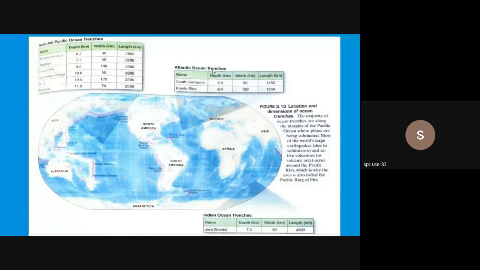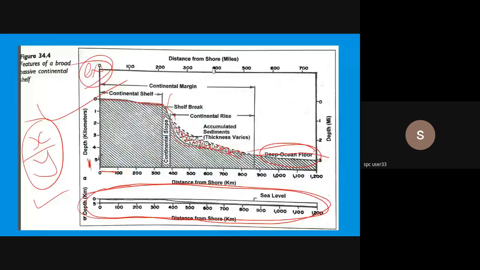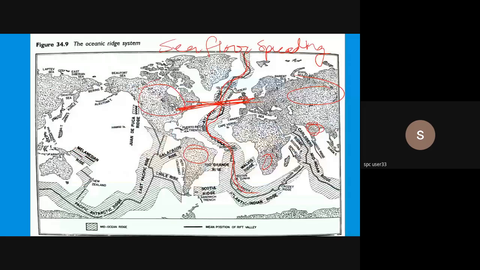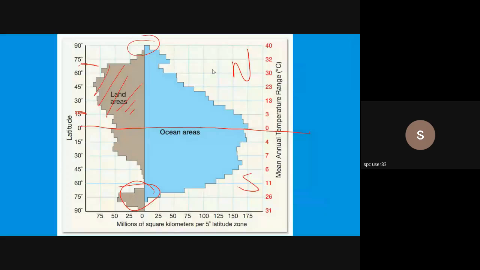We will not do this. Not required here. Don't worry about detailed questions on this. Just remember that you have this oceanic ridge, which other than in the Atlantic does not run central.